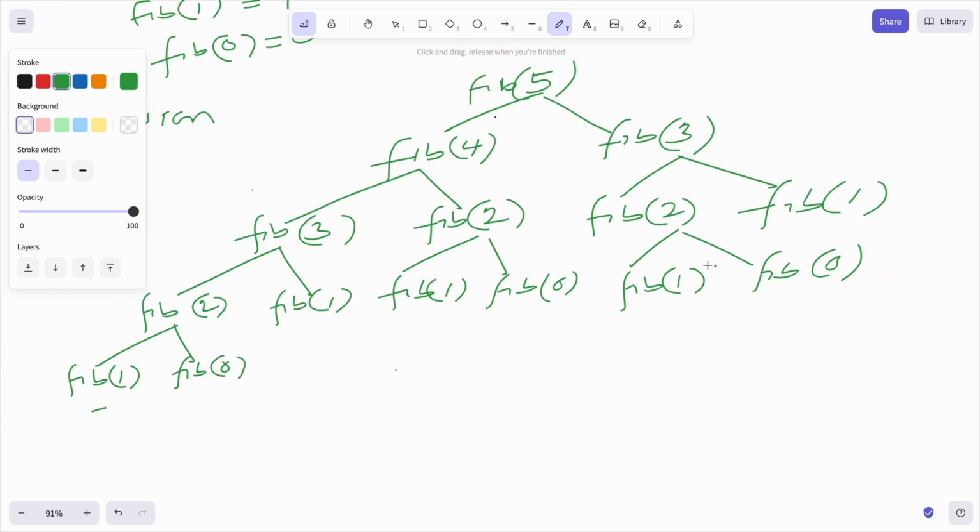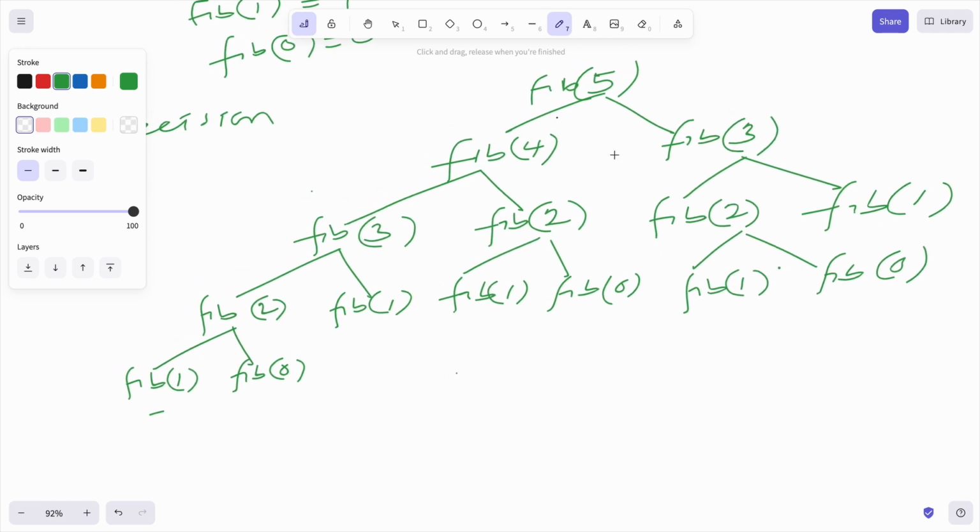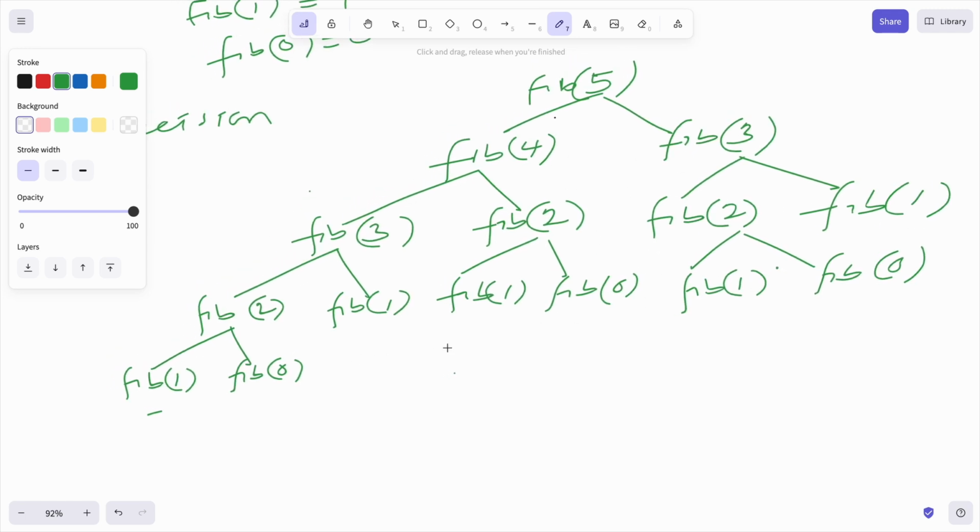If we take a look at this whole picture, remember we spoke about trees the other time, so this is the decision tree. When we try to solve for the first problem, we need to split it down into these two and then solve for each part recursively. We keep attempting to solve for each part recursively until we get a solution for fib of 1.